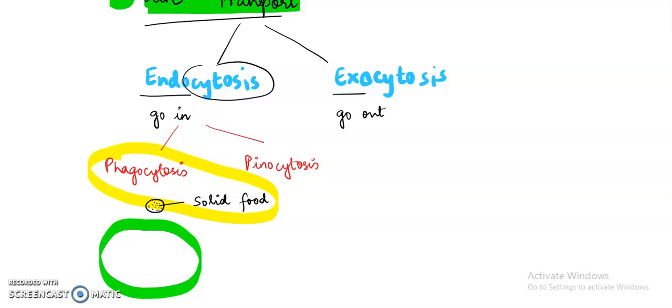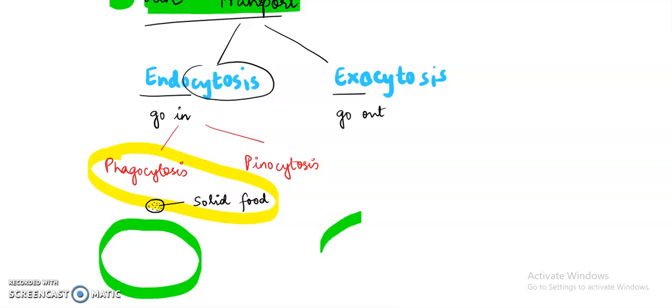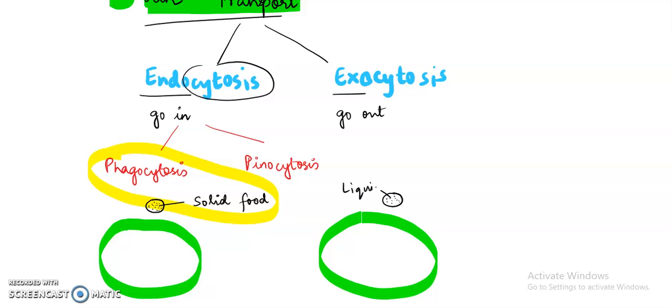Okay, so whenever solid food gets inside the cell in the form of a vesicle or a vacuole, then it is known as phagocytosis. And in pinocytosis, again we are drawing a cell and this is the plasma membrane, right? And here the food vacuole is coming, but it has liquid food in it. So this vesicle over a period of time, this is our step number 1. In step number 2, this will come closer.